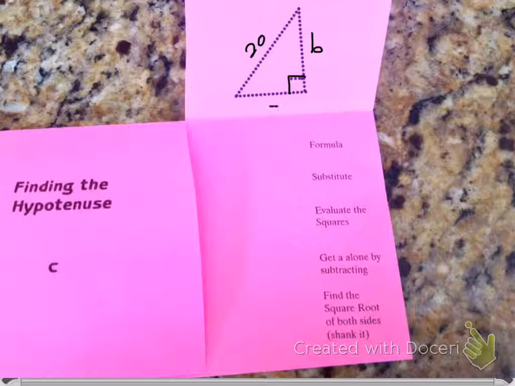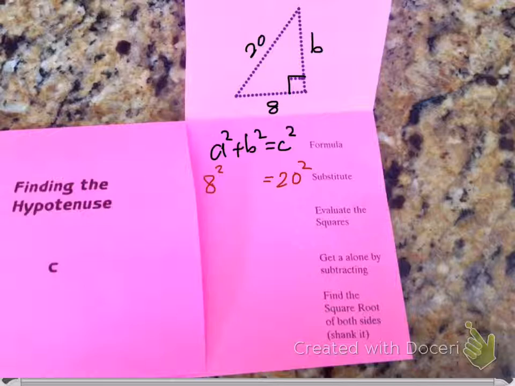And we'll make this side 8. So here we go. So we always write the formula a squared plus b squared equals c squared. Then we substitute in. And this time we know that 20 is the c, so we've got c squared this time. And we've got a squared is 8. And we've got b squared is b.